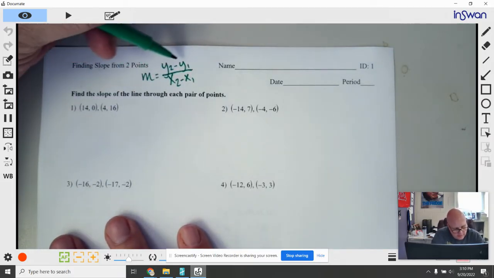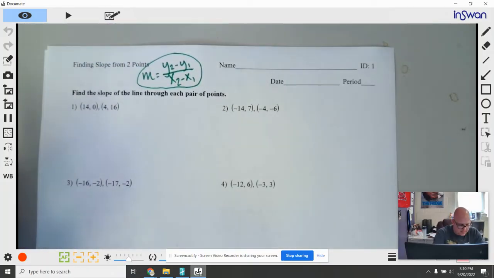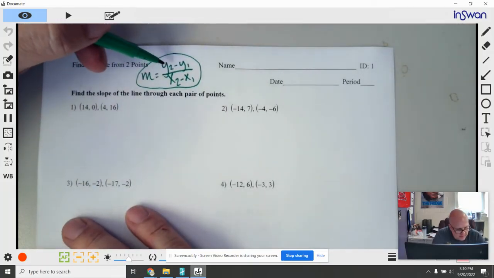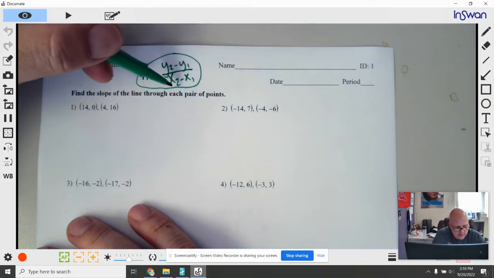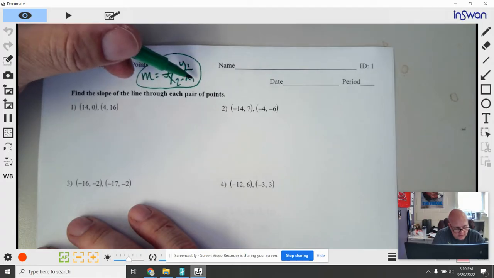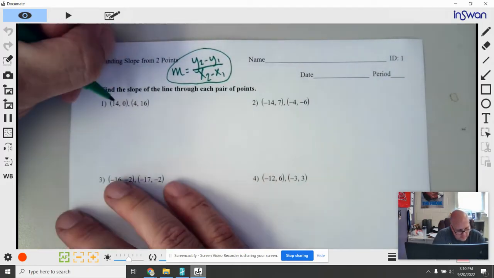Okay, so that's an important formula you're going to have to memorize. Now what that means is that these subs don't mean they're squared or exponents. It's just a naming feature, and it stands for the second y, the first y, the second x, the first x.